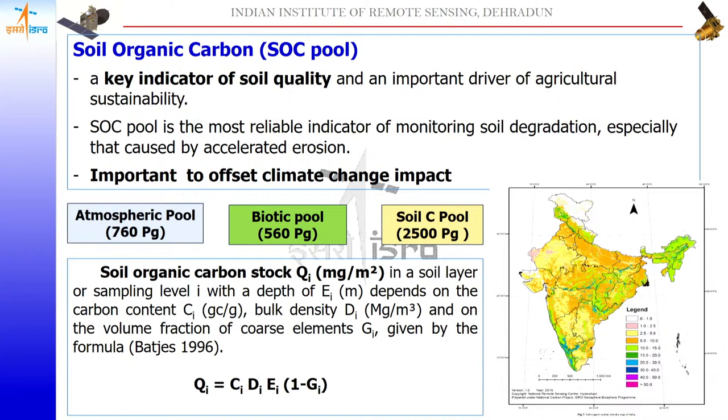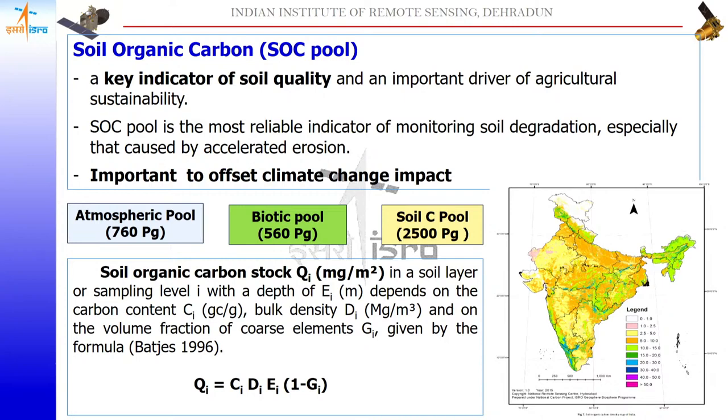If you disturb the soil, erode it, or expose it, this carbon stored in the soils will come into the atmosphere and trigger global warming to a large extent.